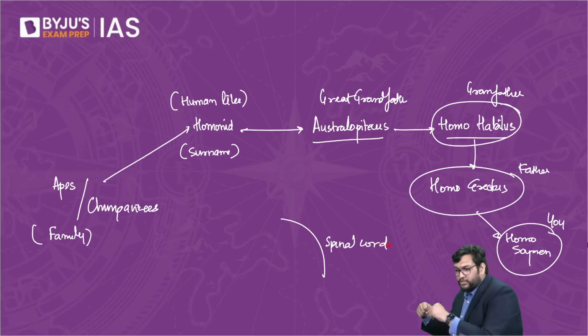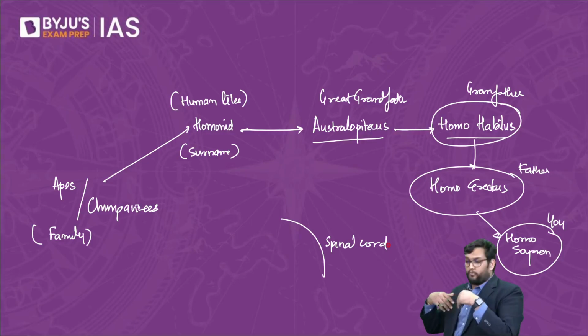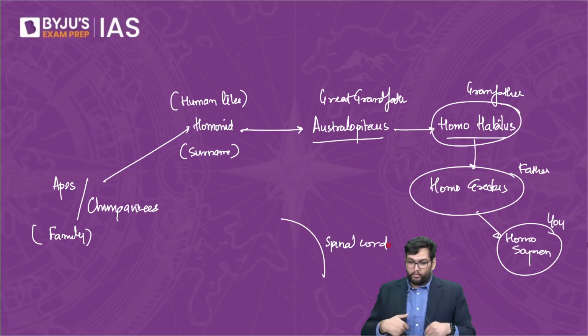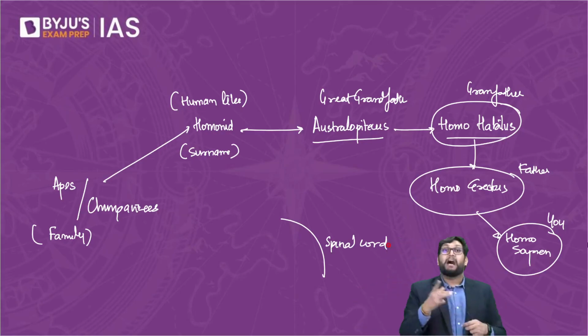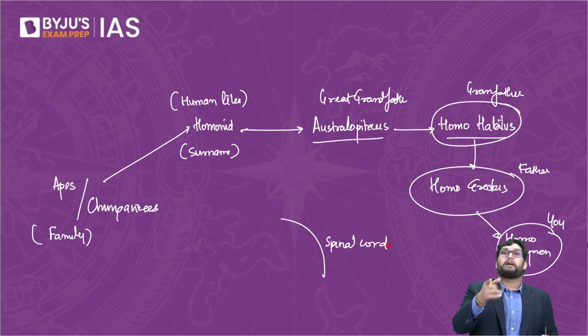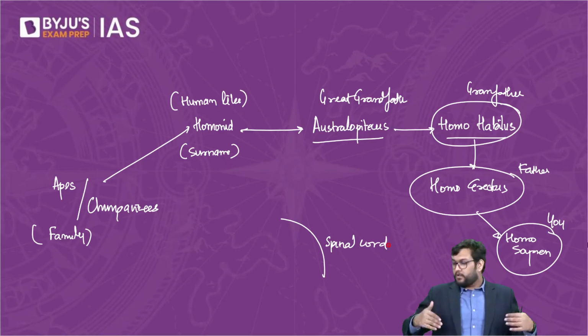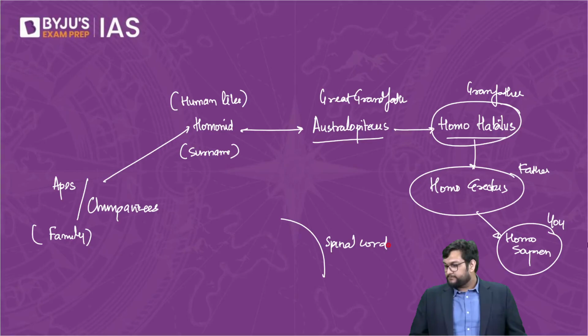So therefore, they used to walk on all fours, meaning both the feet and the hands, how gorillas, apes, and monkeys do it today. You'd have seen monkeys walk on all four legs, both legs and hands. Have you seen that? Monkey you've seen? Yes.